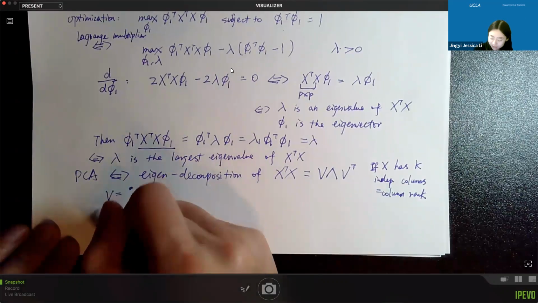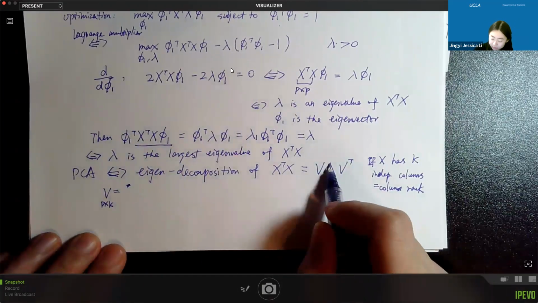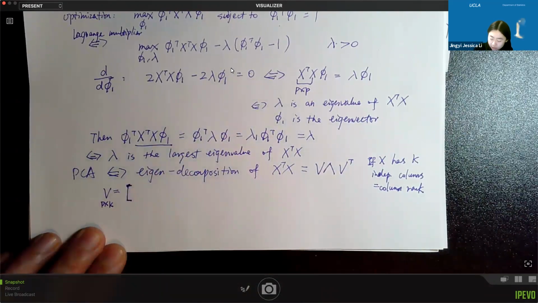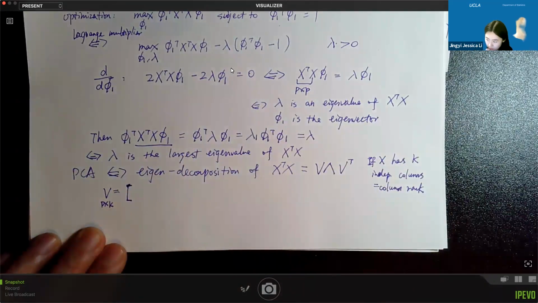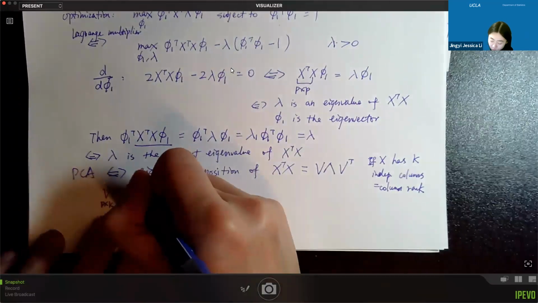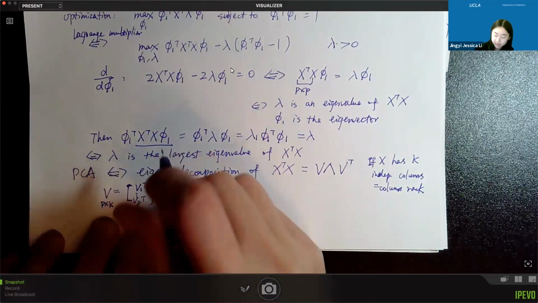Okay, column rank K. Then I can write this lambda. So what I do is that I can spell out this V matrix as the column vectors. So I just write it as V1 transpose to VP transpose. Each one is K-dimensional.